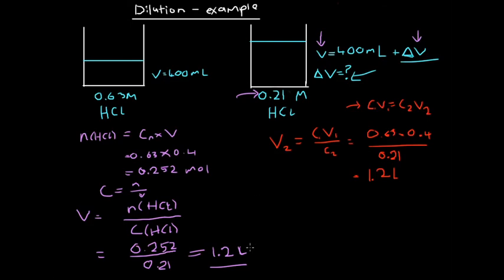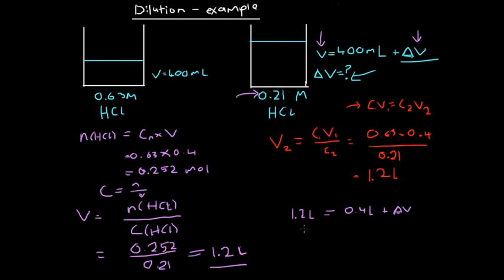If the final volume is 1.2 litres, then this volume is going to equal 400 millilitres. Actually, instead of writing 400 millilitres, we'll keep all the units the same. We'll call it 0.4 litres plus change in volume.